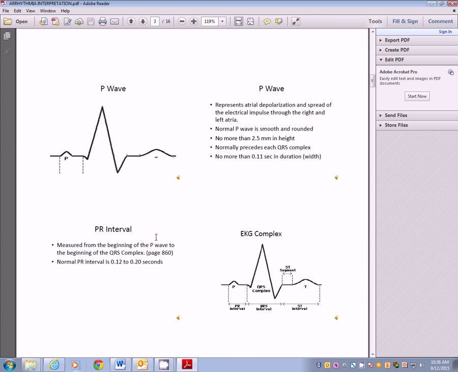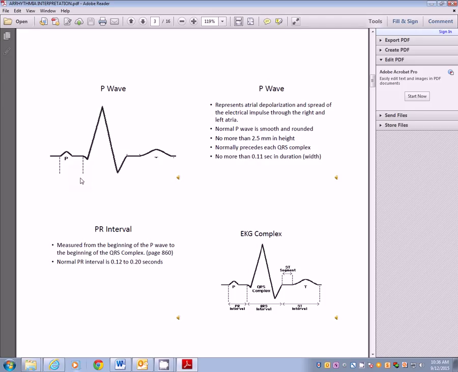All right, so let's talk just a little bit about the P wave. The P wave is the electrical impulse originating in the SA node, represented on the EKG with a waveform called, again, a P wave. A P wave is what has fired in the SA node and depolarized the right and left atrium.